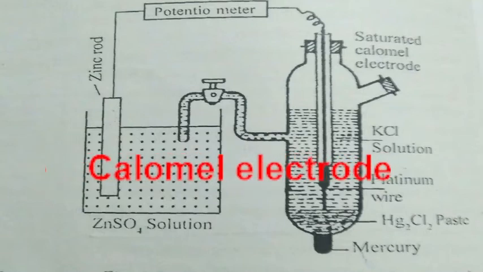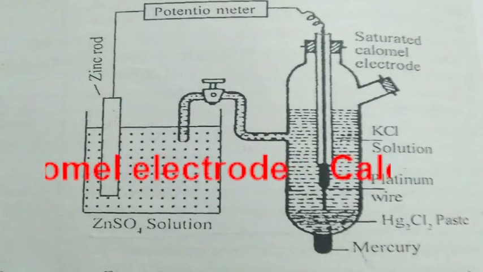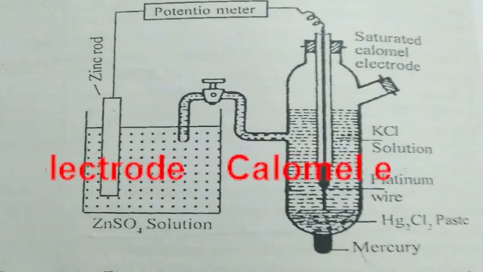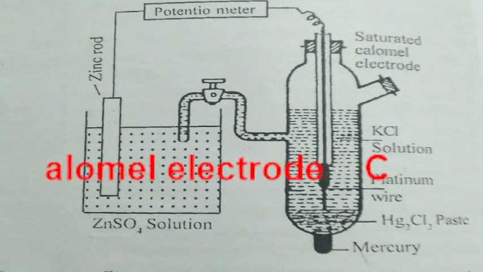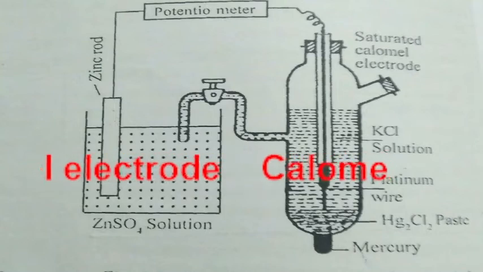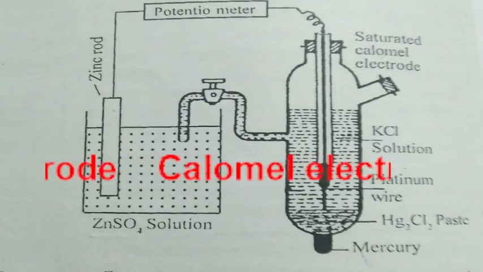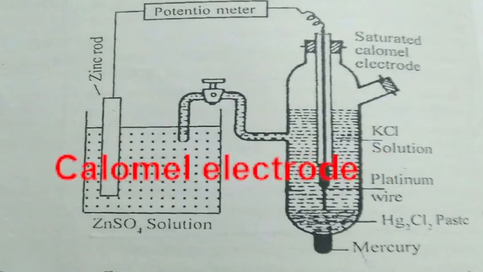See, when you measure the E cell value of a particular cell, E cell is the difference in potential of two half cells. You are not able to measure the exact potential of an individual electrode.